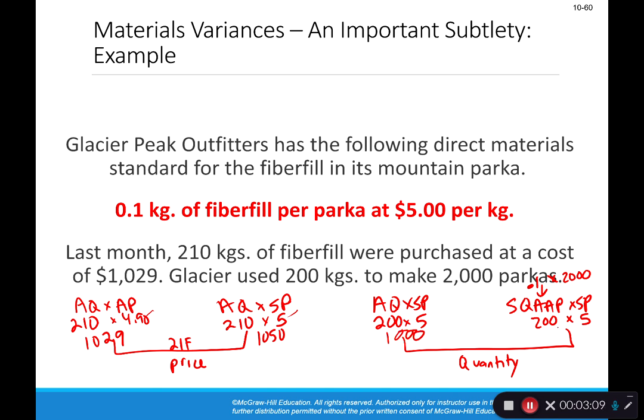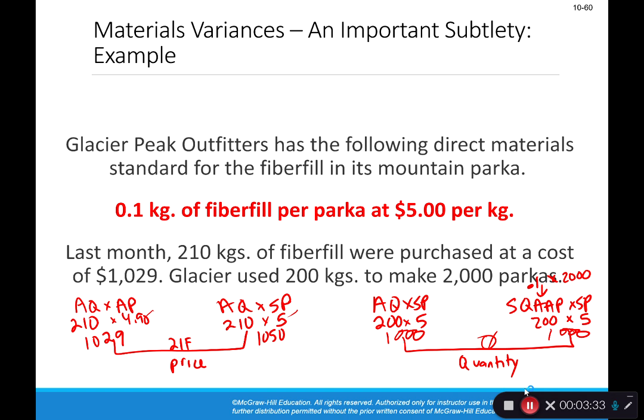To get my quantity variance, 200 times 5 is 1,000. And then 200 times 5 again is 1,000. So here our quantity variance is 0. So we don't need to come up with favorable or unfavorable because it's 0.